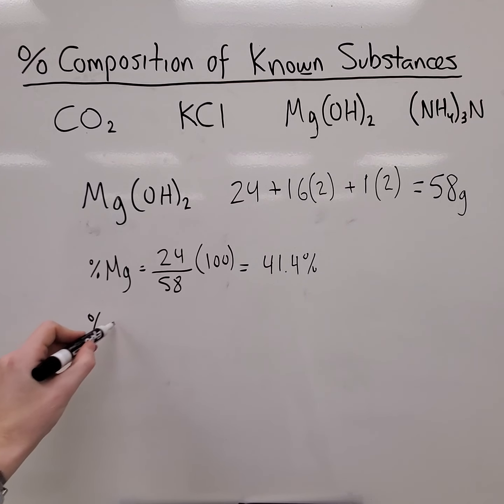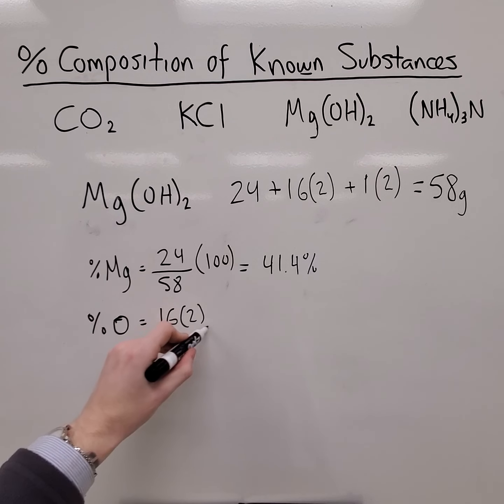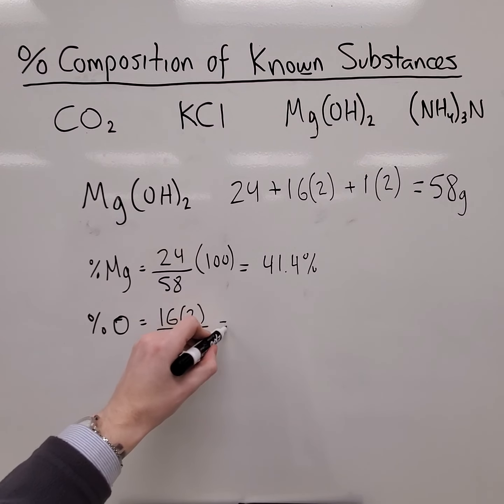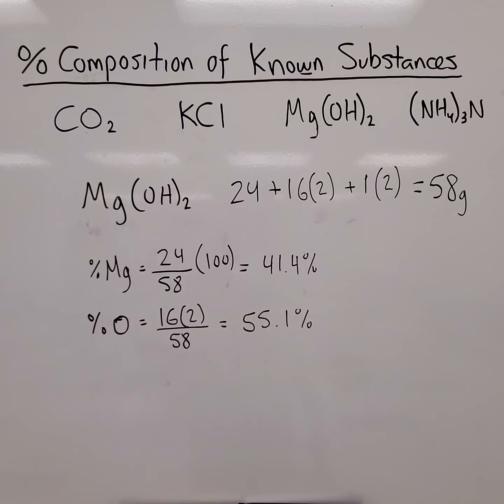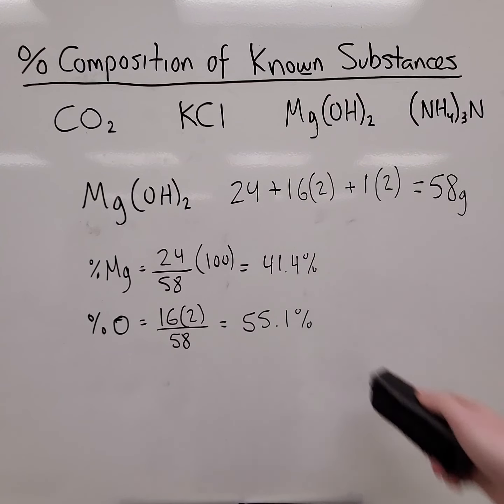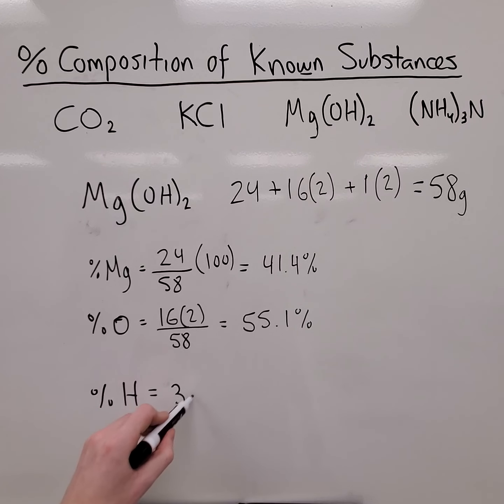Let's do oxygen. And this is 55.1%. And using some addition, we realize that all percents have to add to 100, and so that percent hydrogen must just be 3.5.